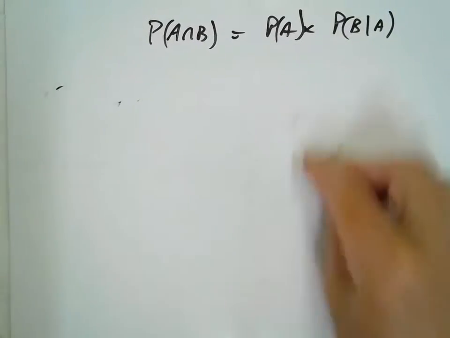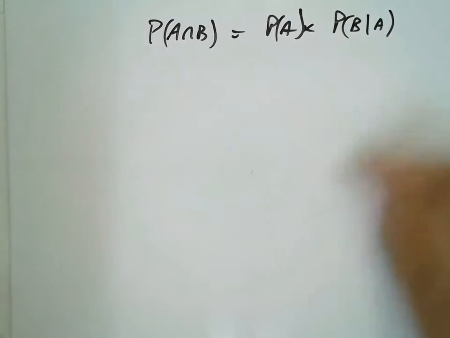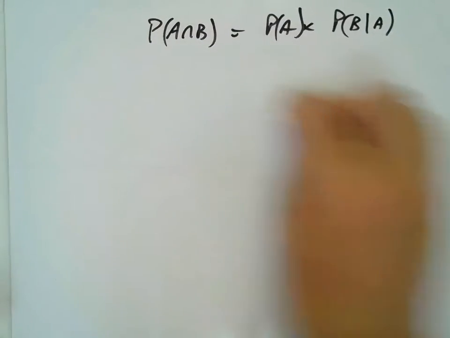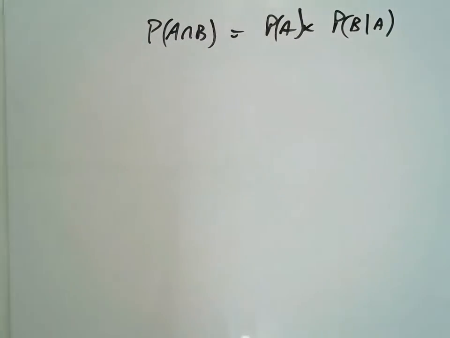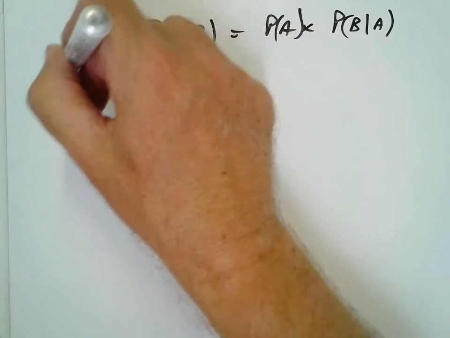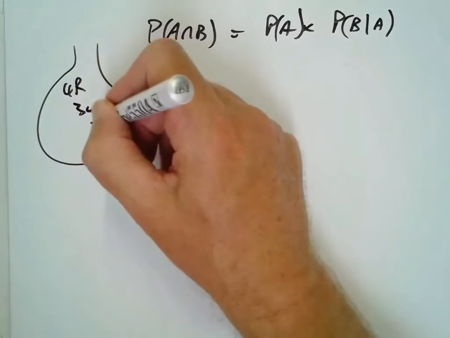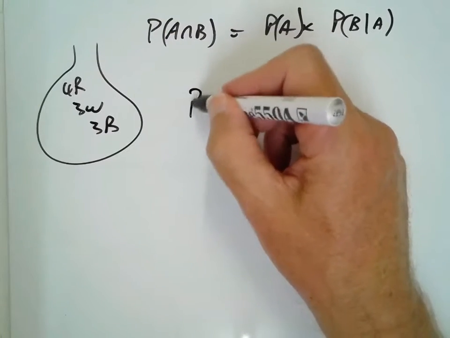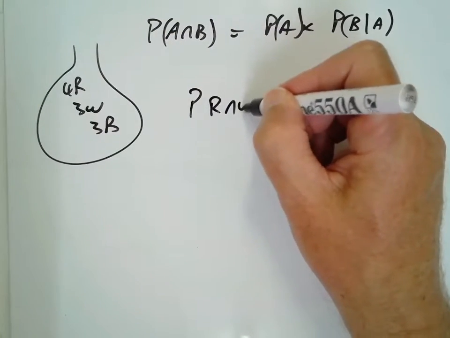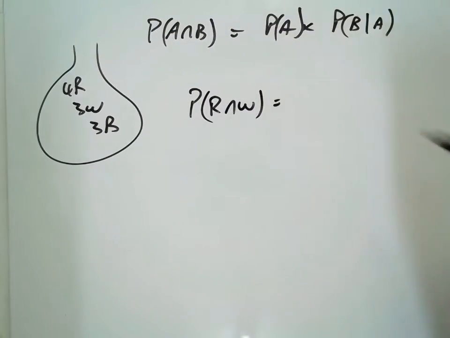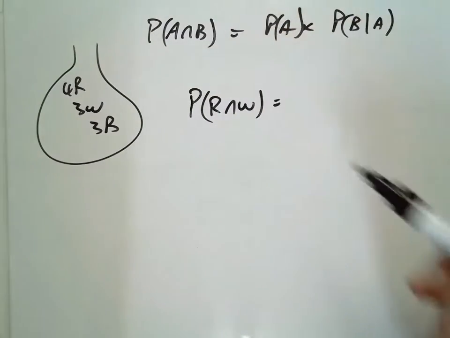One last complexity as we're getting into year 10 and up. Let's go back to 4 red, 3 white, 3 blue. What's the probability of getting a red and a white? In the early stages it's just a red and then a white.